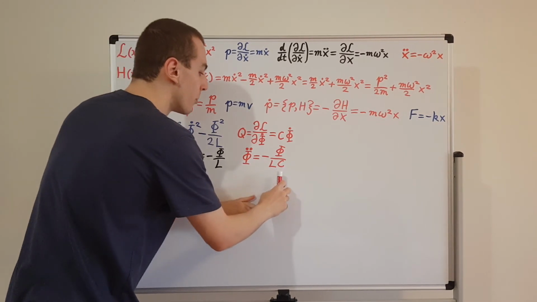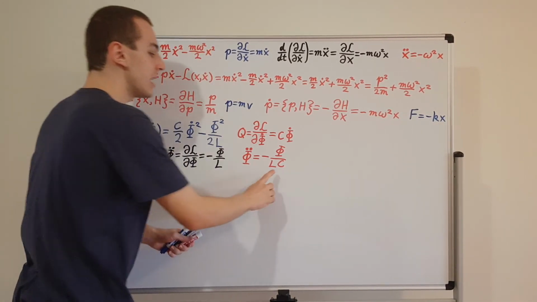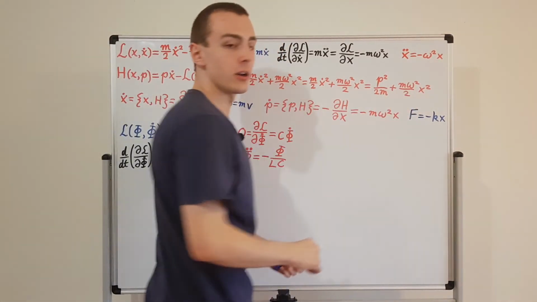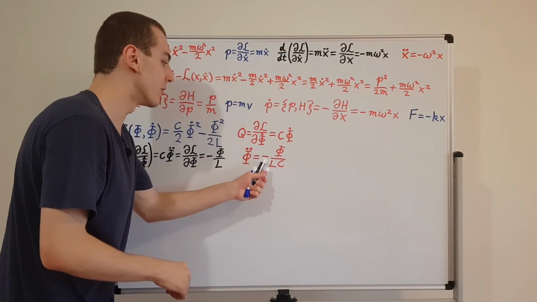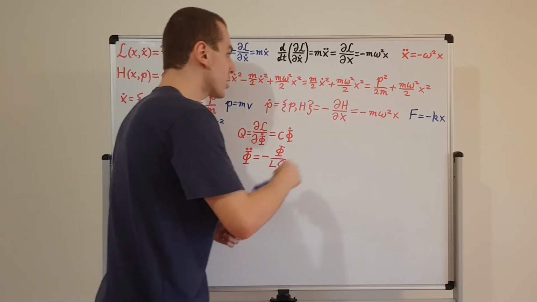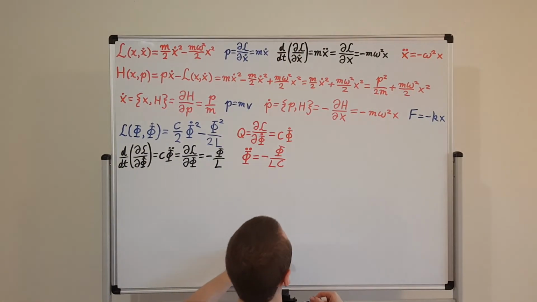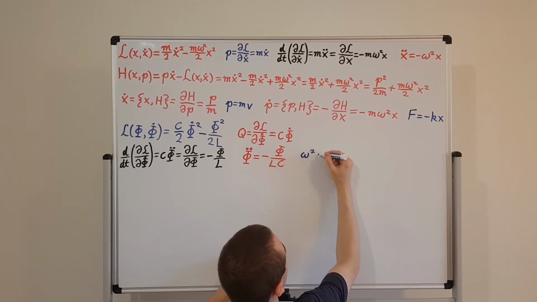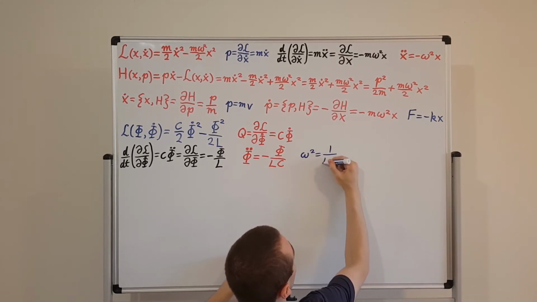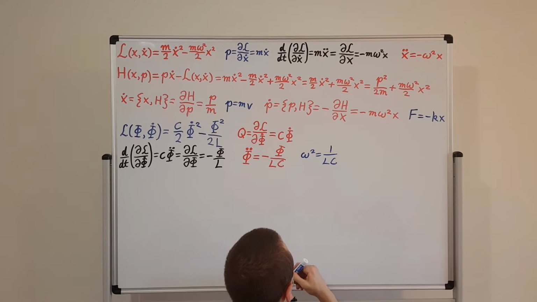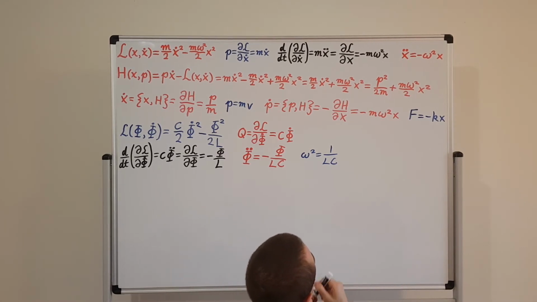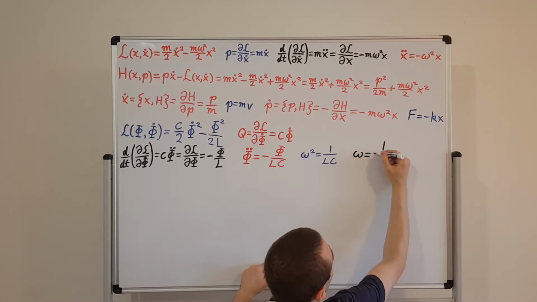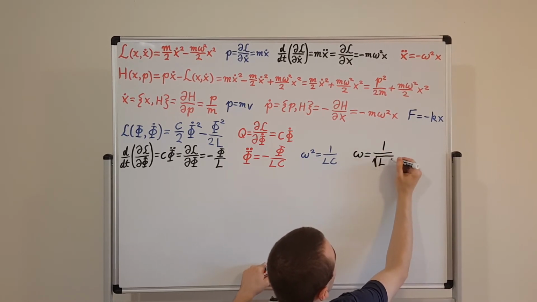So what is this combination LC? This combination LC is playing a very similar role to this omega squared. We have a minus sign over here, and we have a constant. So we can actually make a mapping between these, and we can say this omega squared is playing the same role as 1 over LC. Or in other words, omega is the same as 1 over the square root of LC.